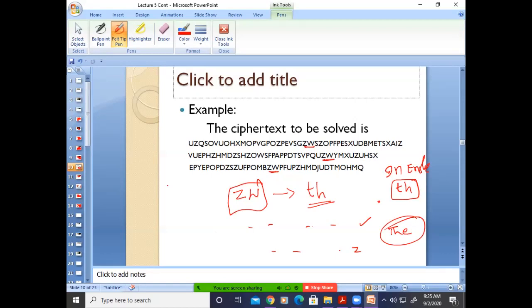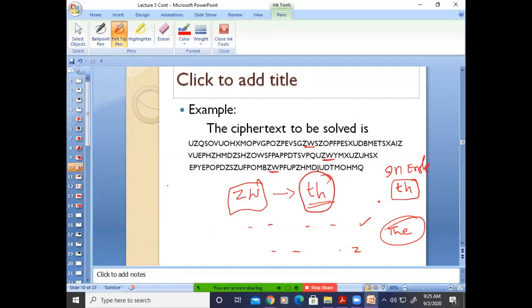This is just from the regularities in English. We look at which two-letter combinations are coming regularly in the ciphertext and which generally come in the English language. So this ZW will be replaced by TH in the plain text.